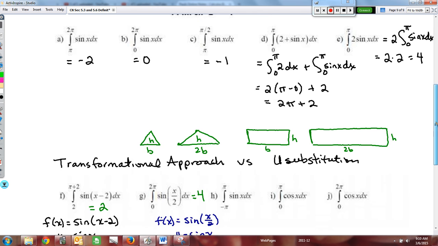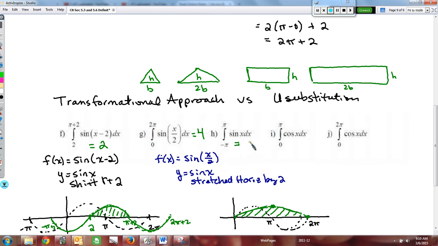Hopefully you'd see that that always ends up being equal to 0. Okay, so if f of x is odd, the integral from negative a to a of f of x dx is always going to be equal to 0 if the function is odd.